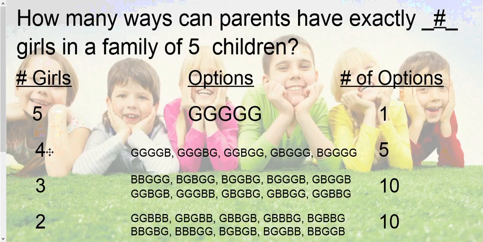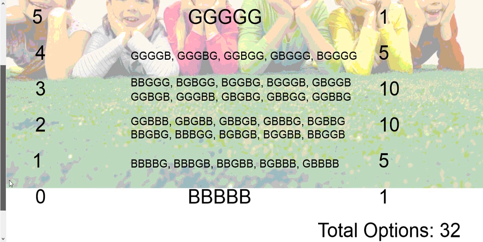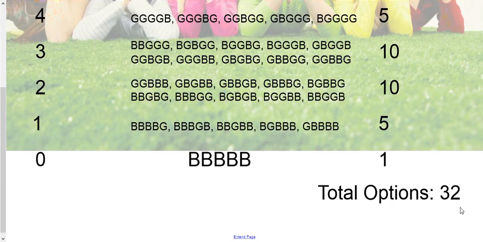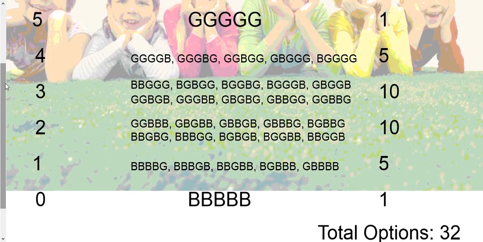If you want four girls, there's five ways to do that, with these being your options here. The three girls and the two girls, we talked about that, along with the one girl. And then you also have a situation where you don't have any girls, and that's a total of 32 options for a family of five of how the family could be made up of boys and girls.